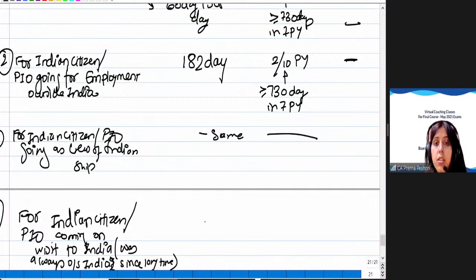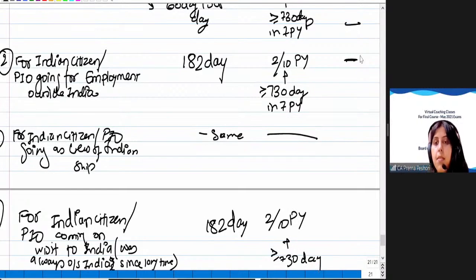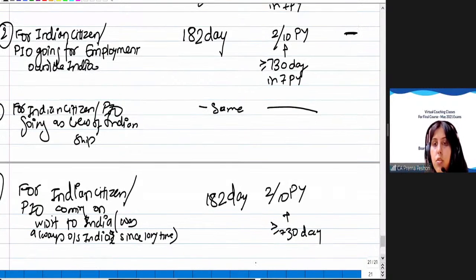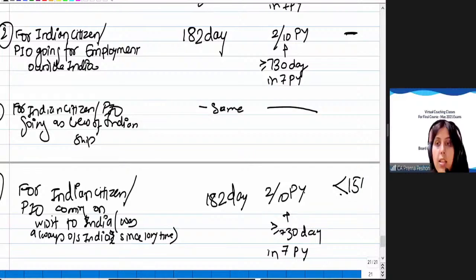What is the condition? 182 days. Additional condition same: 2 out of 10 previous years he should be resident and greater than or equal to 730 days in 7 previous years. Here there is an income condition also. Income should be less than 15 lakh. Clear?